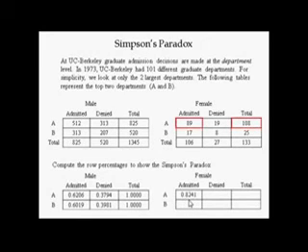The relative frequency of females admitted, given they apply to Department A's graduate program, is computed by dividing the frequency of females admitted to Department A's graduate program, 89, by the frequency of females that apply to Department A's graduate program, 108. This relative frequency of females admitted, given they applied to Department A's graduate program, was 0.8241.